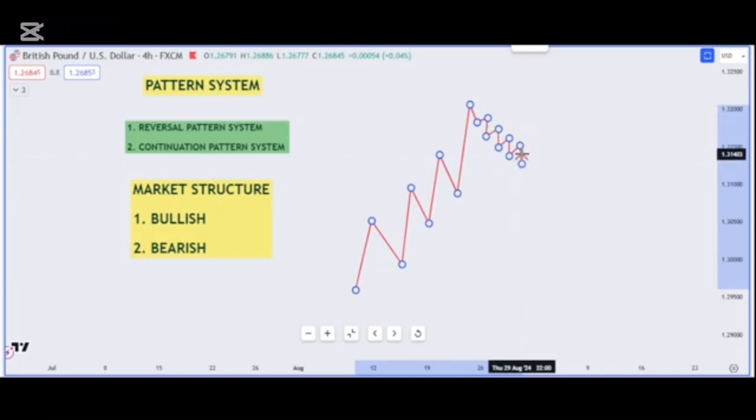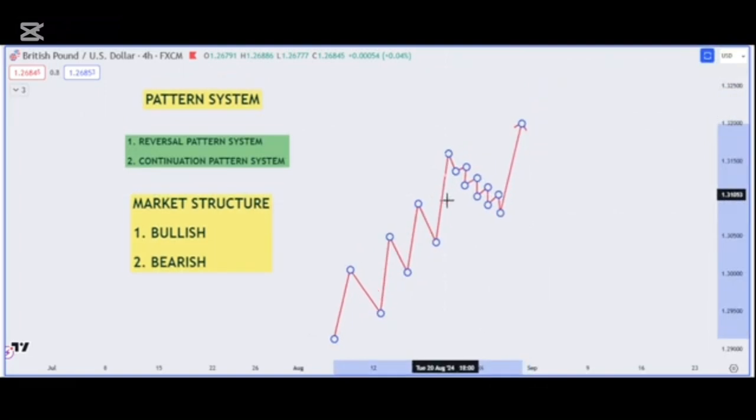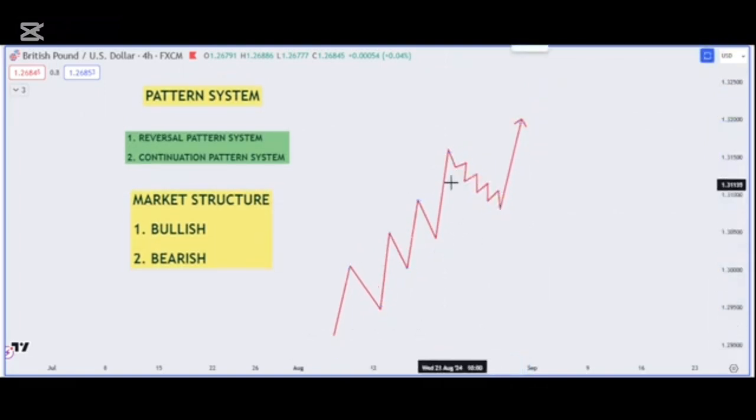Market or price action is trying to indicate that I'm just resting. This is not a reversal. I'm trying to rest so that I can continue towards the previous bullish direction. Then the market will do like this. So this movement, you can call it bearish flag.